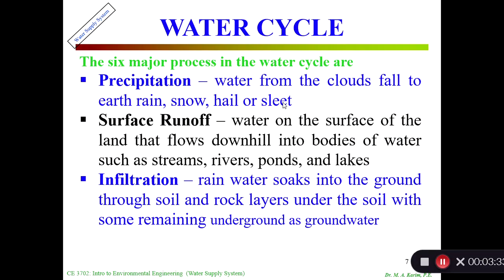Okay, so there are 6 major processes in the water cycle. One is precipitation: water from the clouds falls to earth as rain, snow, hail, or sleet. Then surface runoff, the excess water that flows over the land after percolating into the soil. And infiltration: rainwater soaks into the ground, and the part that soaks in is called infiltration.